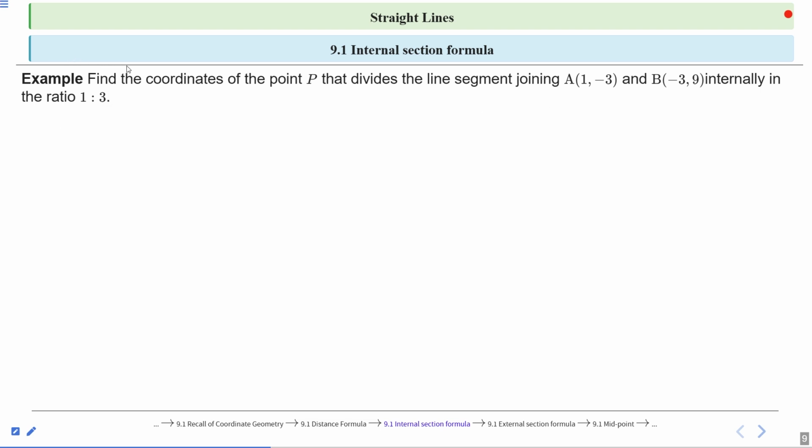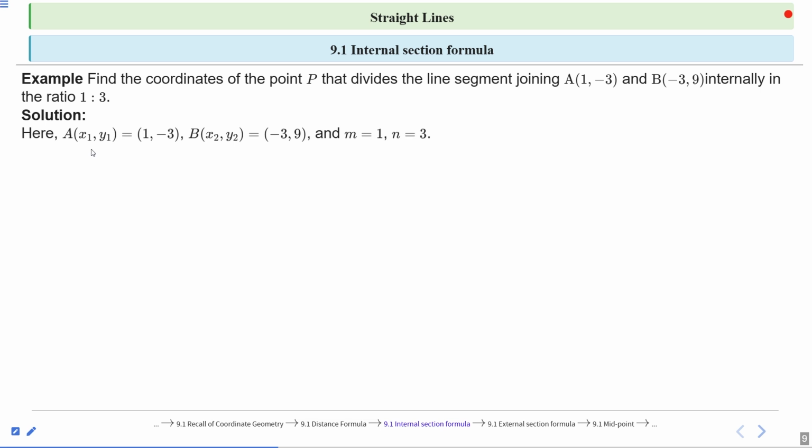So we have given this example and we have to find the coordinates of the point P. Students, first of all, try it yourself and then see the solution. So let us see the solution.